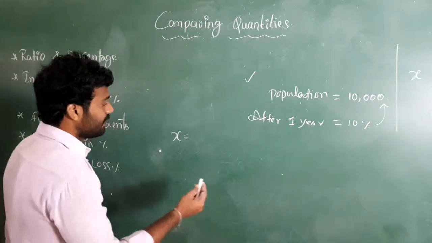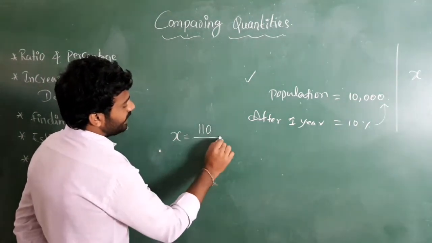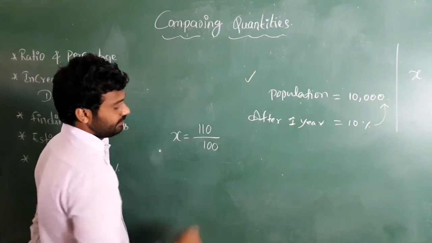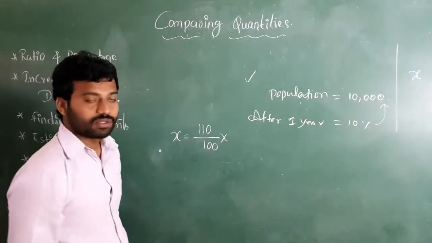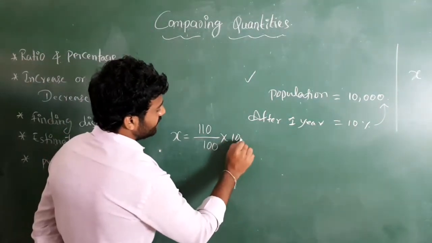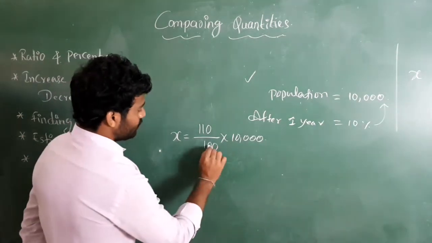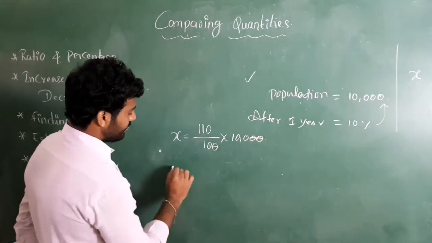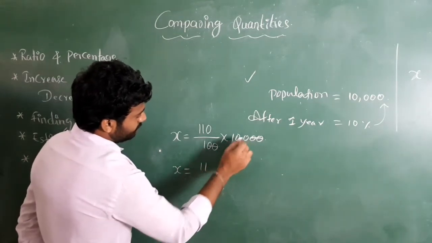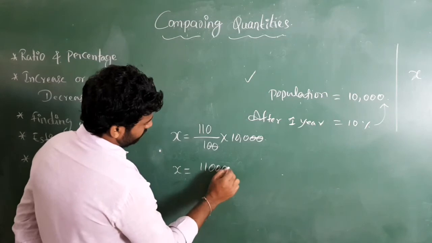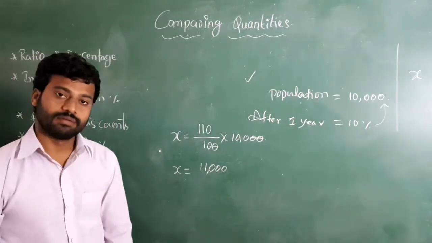So that is 110 divided by 100, for the total population of 10,000. So 2 zeros we cancel. Next x equals what we get? Again 2 zeros, 11,000. Previously also we got that.